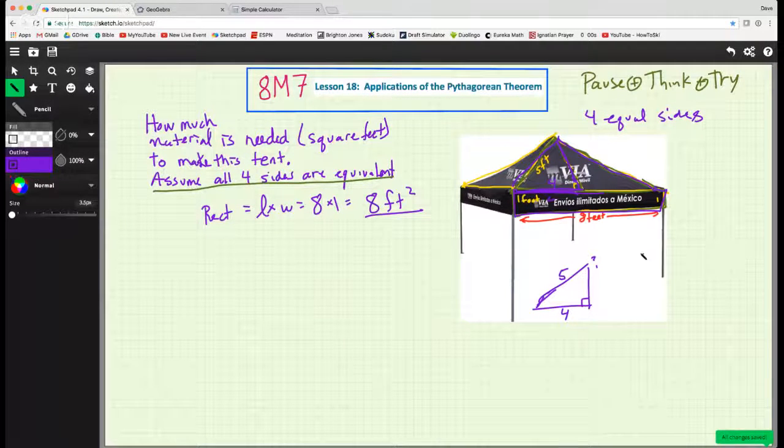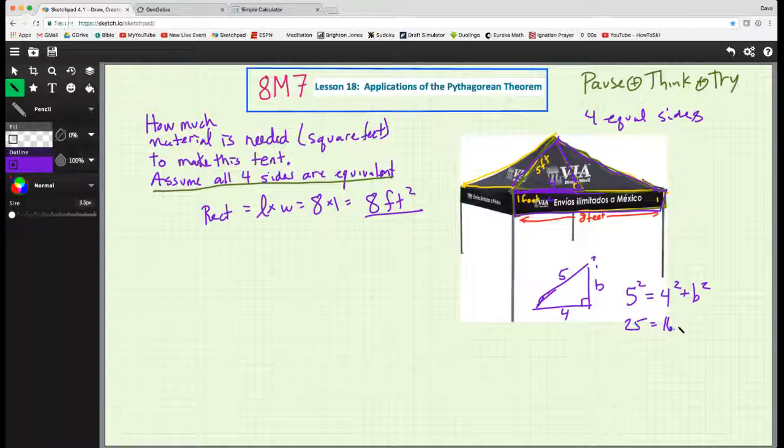Well, we can use our Pythagorean theorem to say 5 squared equals 4 squared plus b squared. So that's 25 equals 16 plus b squared. So you get 9 equals b squared. So b equals 3.